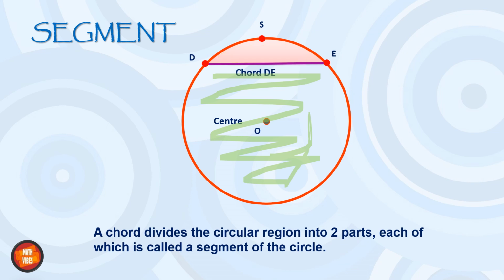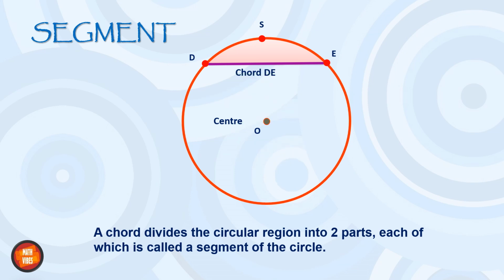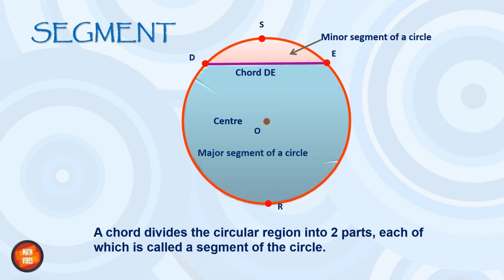This part which has turned pink now is called the minor segment of the circle, and this which has turned blue now is called the major segment of a circle. So a chord divides a circle into two segments, minor segment and major segment, and a diameter divides a circle into two equal semicircular parts.